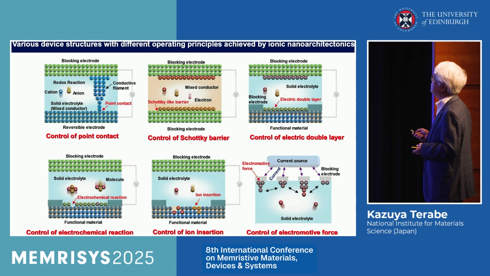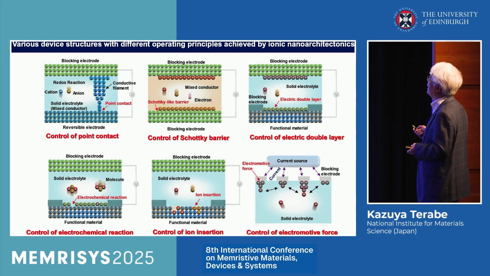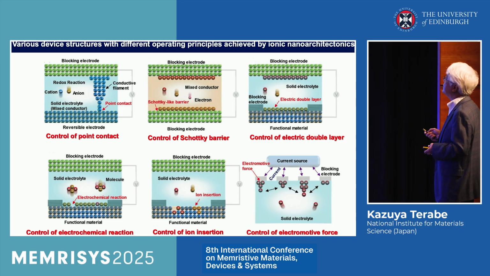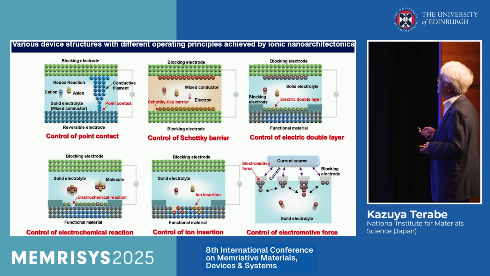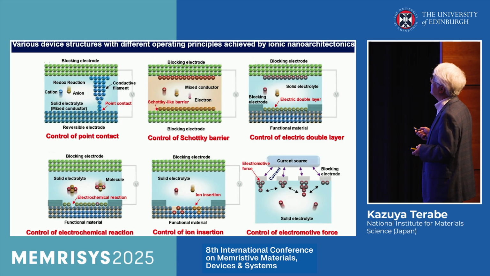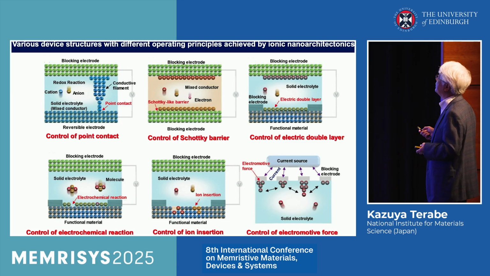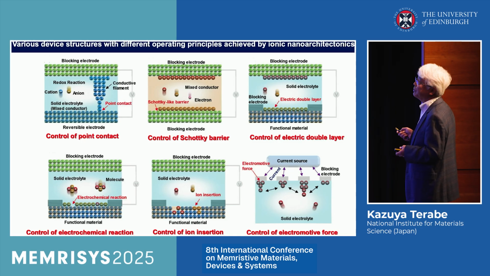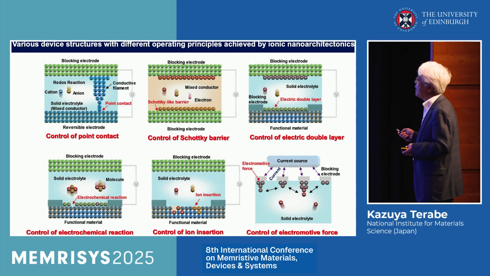This is also the control of the electric double layer. This is a three-terminal device, and this is the electrolyte. By applying voltage, ions migrate and form the electric double layer like this. So we can control the channel conductivity. We can use this behavior to make switching devices or neuromorphic devices.